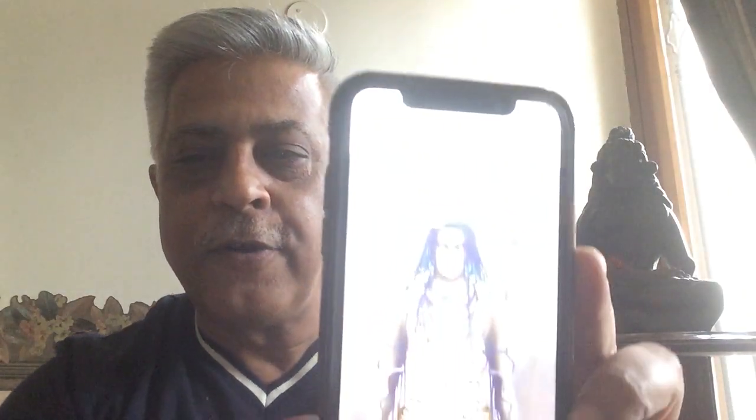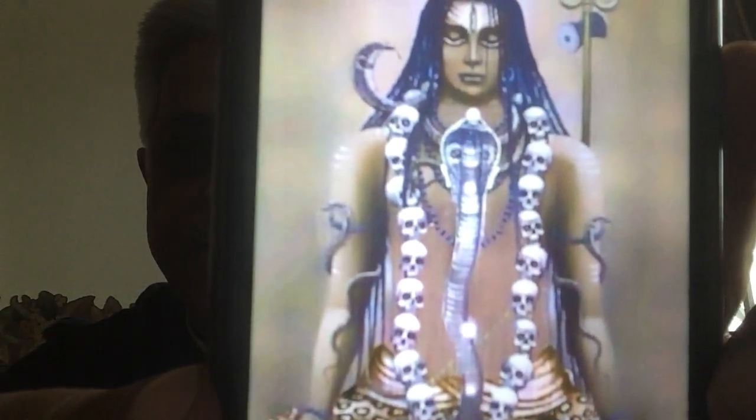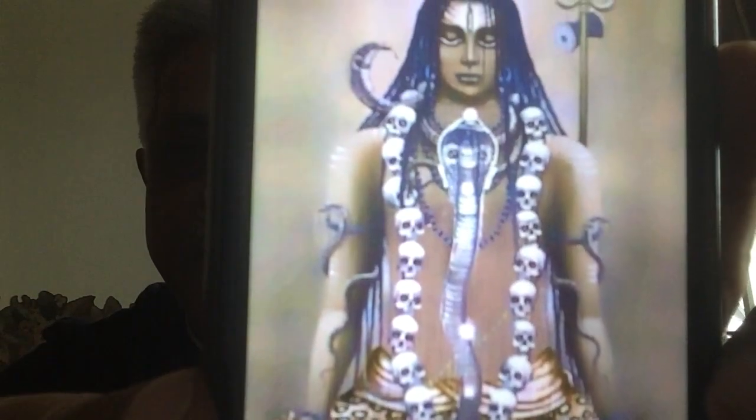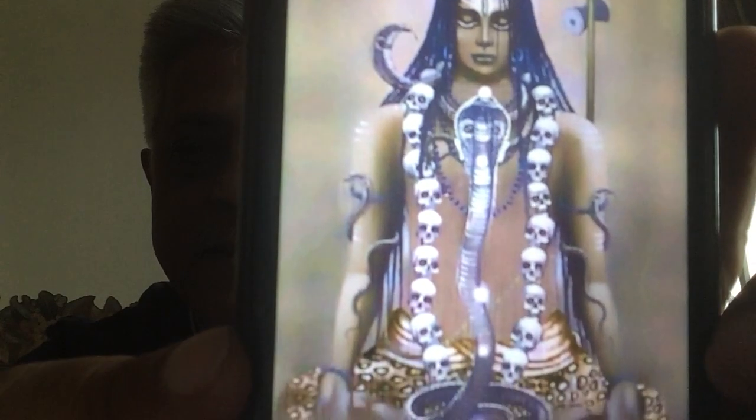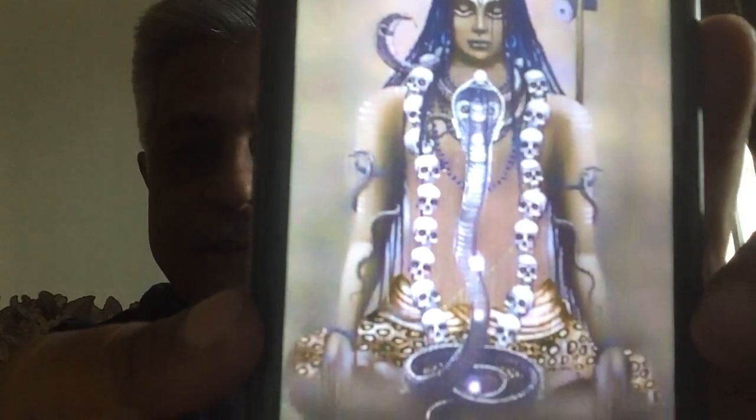So I'm going to talk to you a little bit about this, but first I'm going to share a very enigmatic picture that I found on the net of Lord Shiva. As you can see, Shivji is seated in a meditation posture and he's wearing the Mundamala, the garland of skulls, which is a different story.